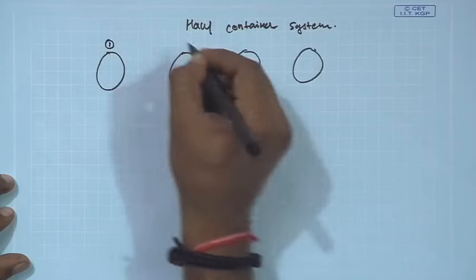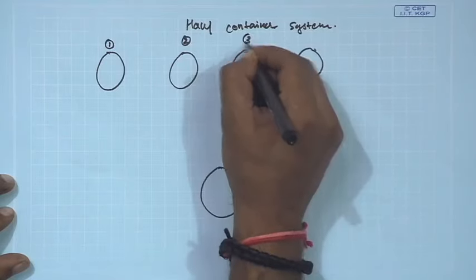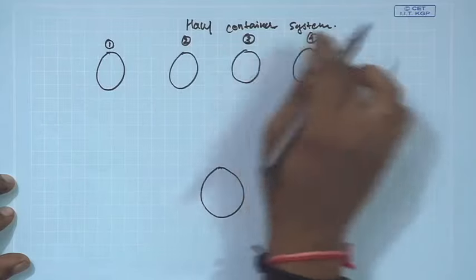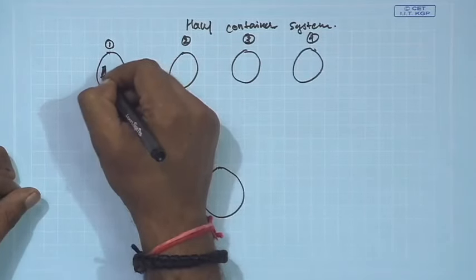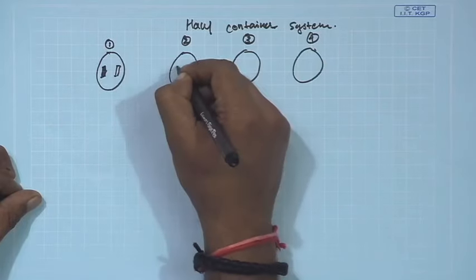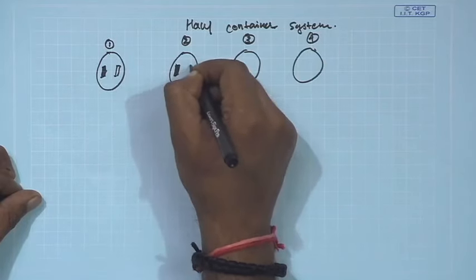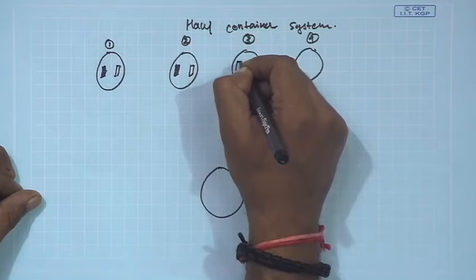This is station 1, these are the different locations where containers will be. The dark one will give us the filled container, and the light one is the emptied container.